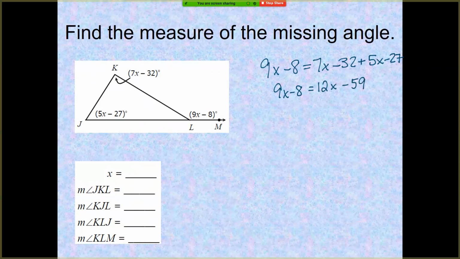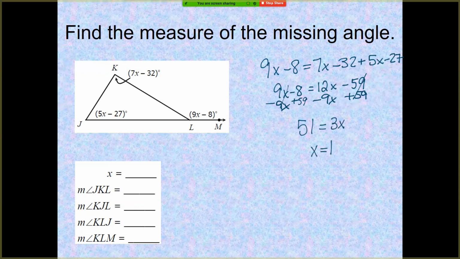I would subtract 9x from both sides. I would also add 59. So negative 8 plus 59 is 51. 12x minus 9x is 3x. Divide both sides by 3 to end up with x equals 17.